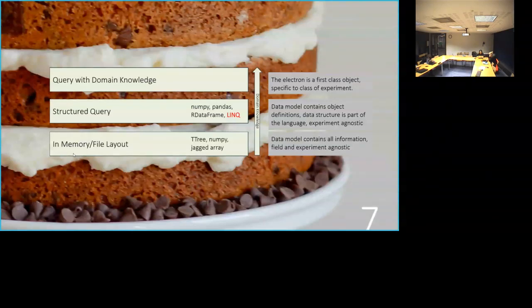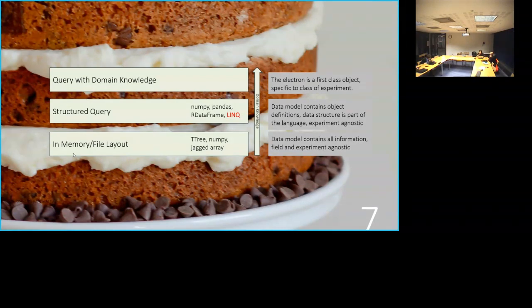So at the lowest level, we have the data files. At the second level, we have some sort of structured query. So our data frame, I mean, even TTree Draw, NumPy, Pandas, LINQ, this LINQ project, all exist at this level. And then above it is some sort of query or set of operations which has knowledge about the domain. So the structured query, you could use in a nuclear physics experiment as well as a particle physics one.